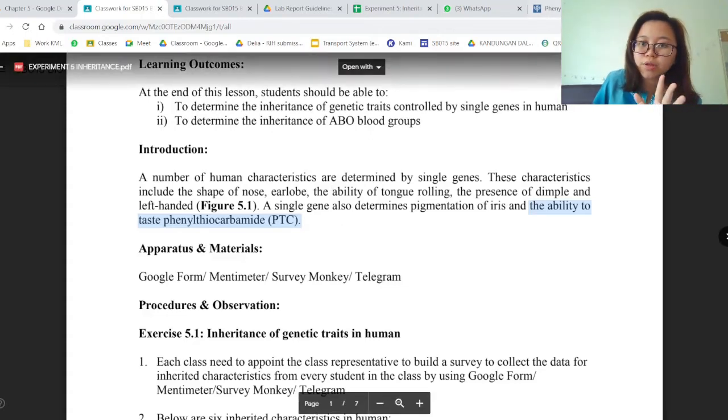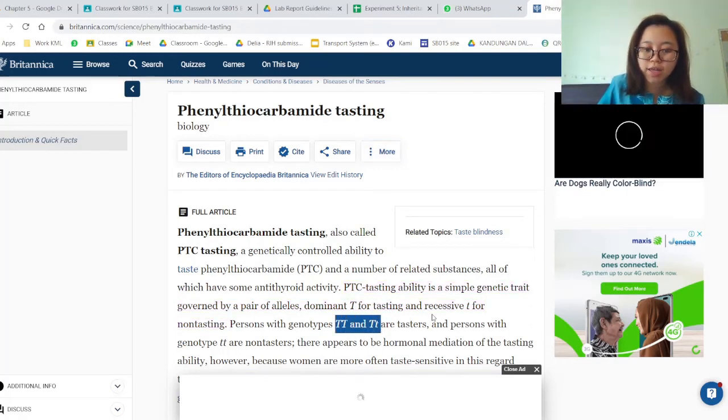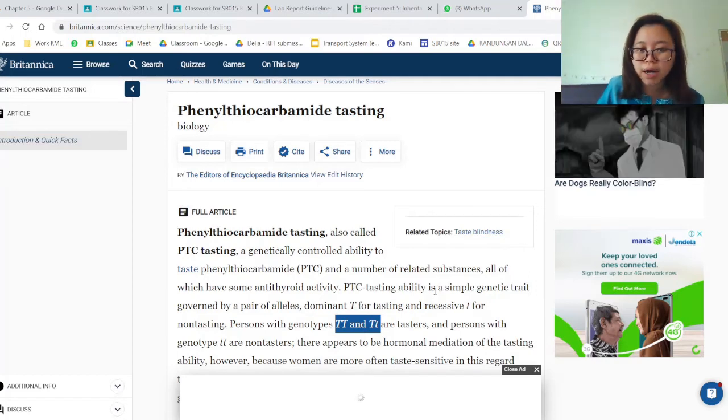So let me talk about this because if you want to go into bio more in the future, you will see this again. So PTC tasting is controlled by a single gene. Dia ada dia punya dominant dan dia punya recessive allele. Asalkan kamu ada dominant allele, kamu mampu rasa compound yang bernama PTC dalam makanan.